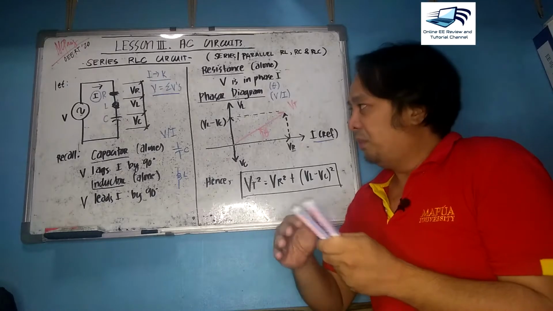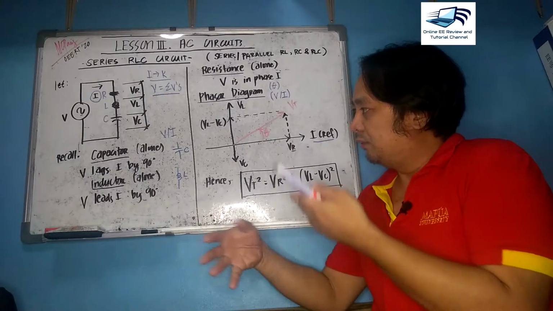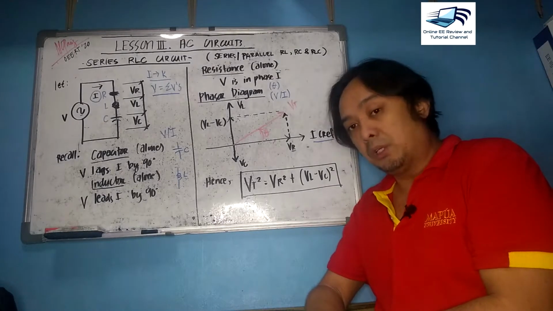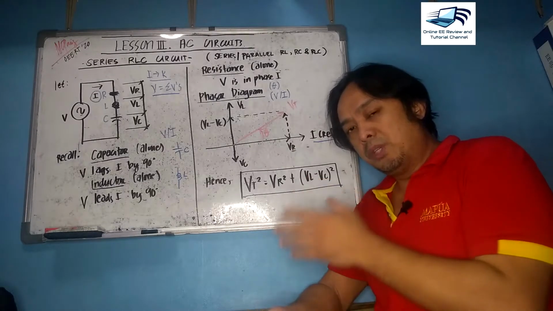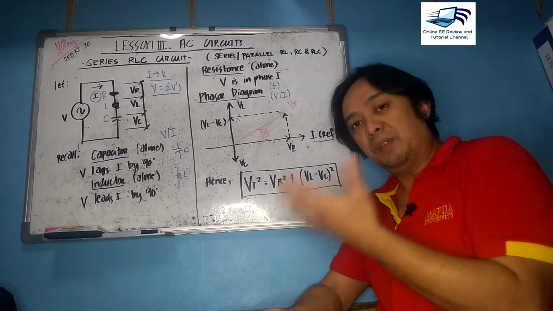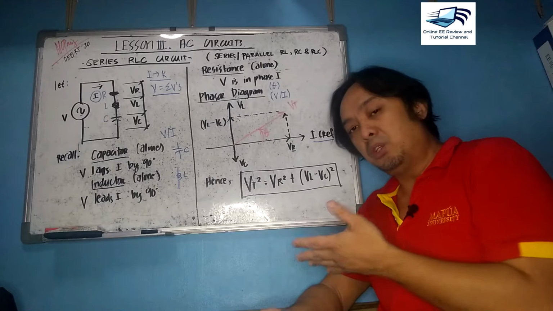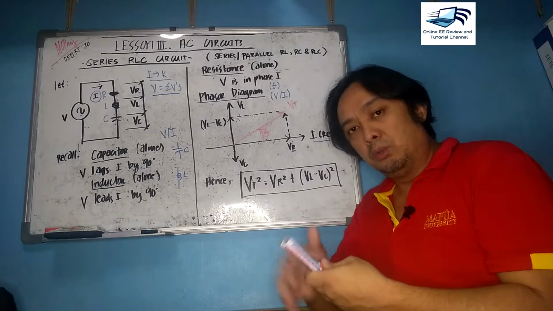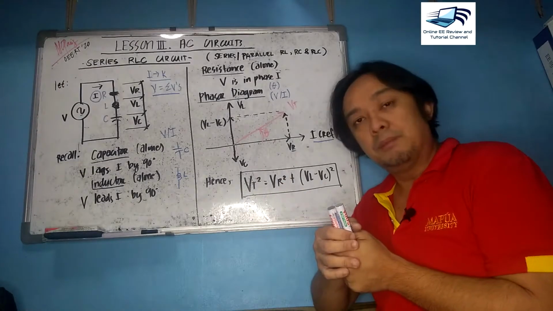Before we go to the phasor diagram development, we need to have the voltage and current conditions. A phasor diagram is the implementation of the voltage and current angles. However, before you do that, you need to know the conditions in every component.